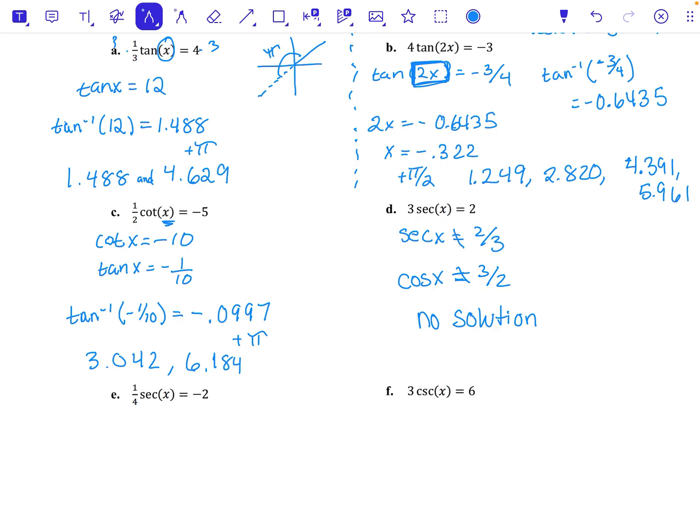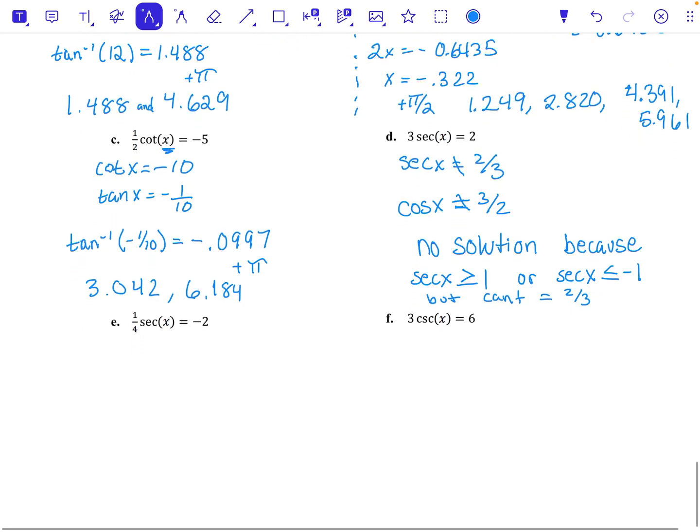So there's no solution because secant of x would need to either be greater than or equal to 1, or secant of x needs to be less than or equal to -1, but can't equal 2/3. All right, so we had a no solution one. Now let's hope the next few have solutions.